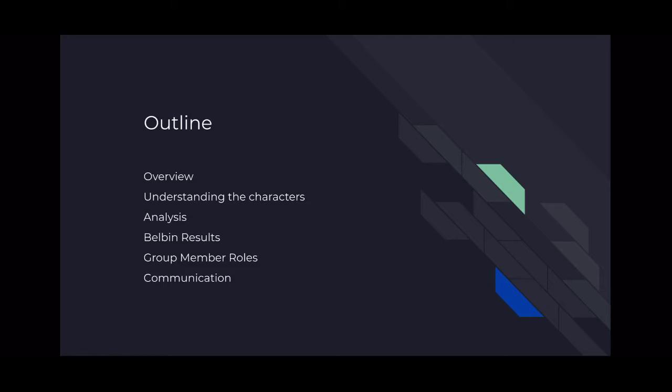Petersburg team. We're also going to provide our Belbin results of each one of us as a team, and how we used our traits to come together to work on this PowerPoint and group project. We're going to also speak on our group member roles and how our personality traits and characteristics that we brought individually to the team.